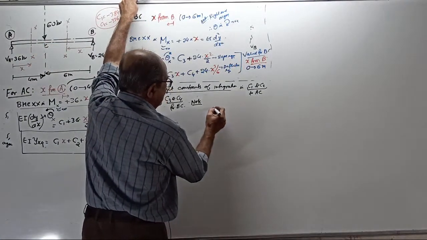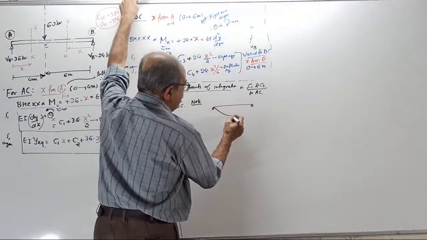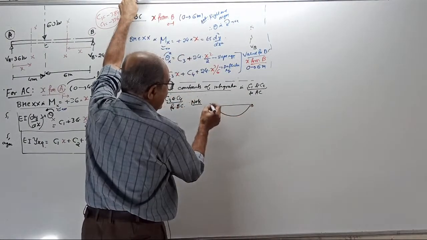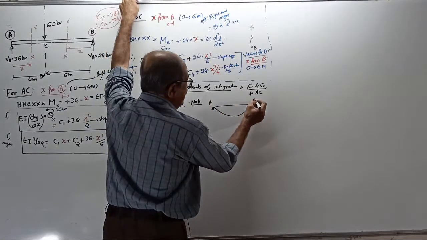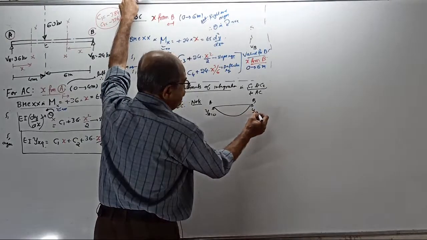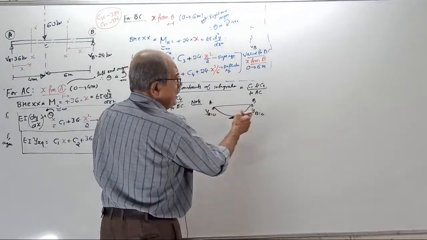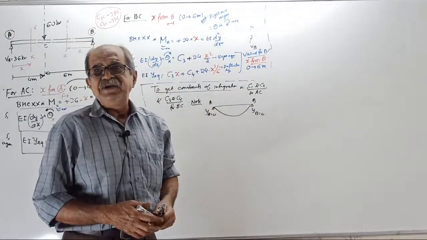See right here. Don't see the original. When you apply a load, the beam will bend like this. So here it is A, this is B. Deflection at A is 0 and deflection at B is 0. This is known to you. Therefore, two equations are available. You have a shortage by 2.